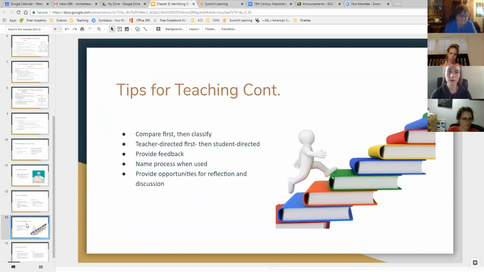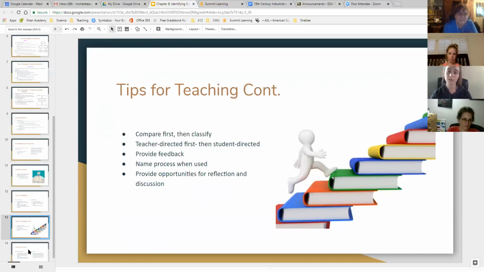It's also important to start with comparing and then move towards classifying, and as part of that scaffolding, do teacher directed first and then move towards a more student directed approach. Along the way, it's important to provide feedback, naming processes when they're used.